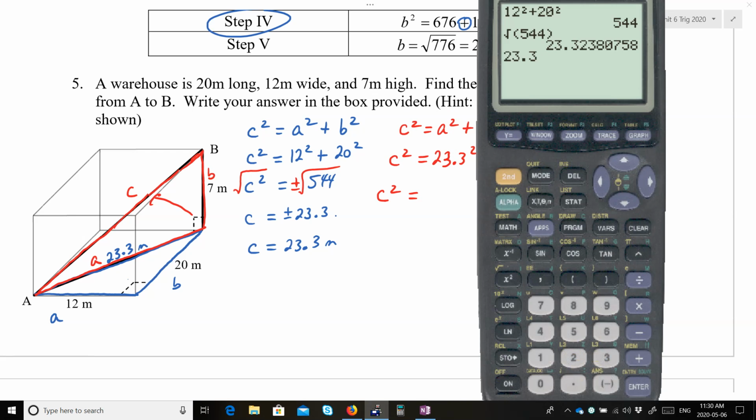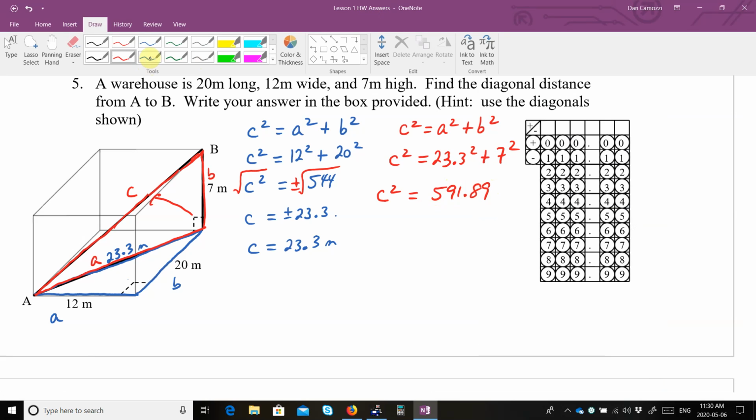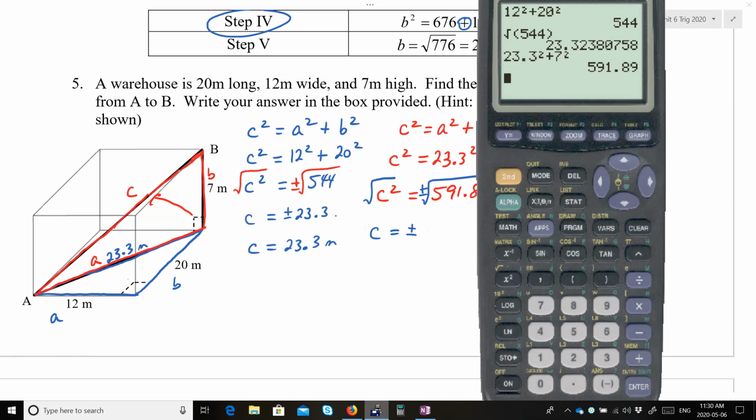23.3 squared plus 7 squared is 591.89. And let's go square root, plus or minus. C is equal to plus or minus the square root of that nice number.